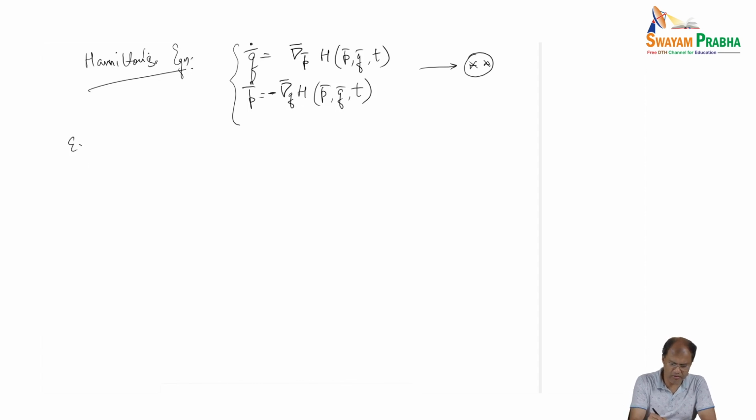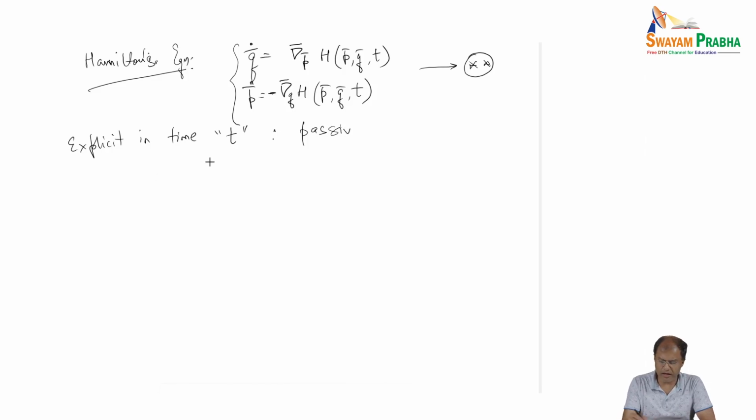These are explicit in time t, and t, similar to q, is a passive variable.